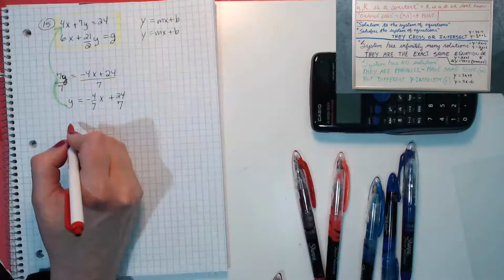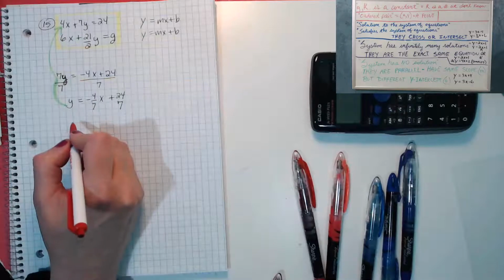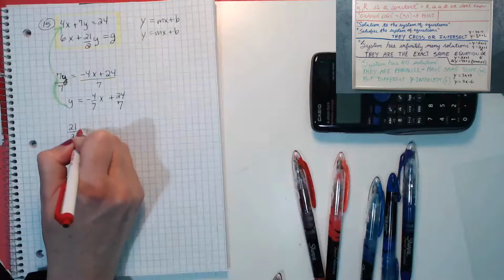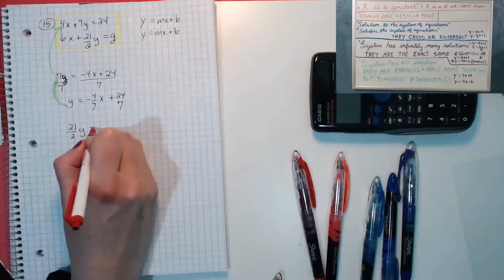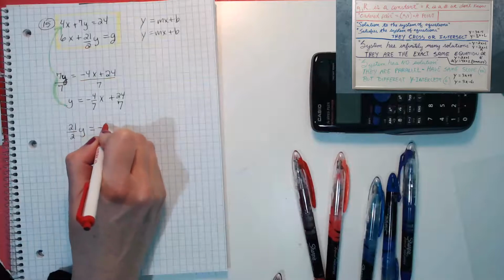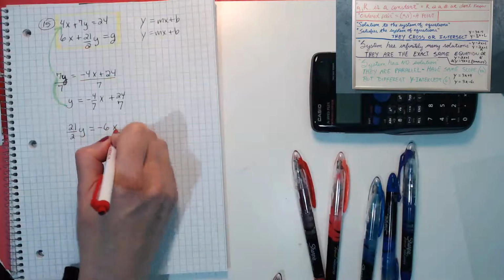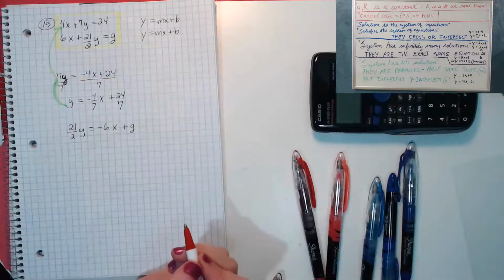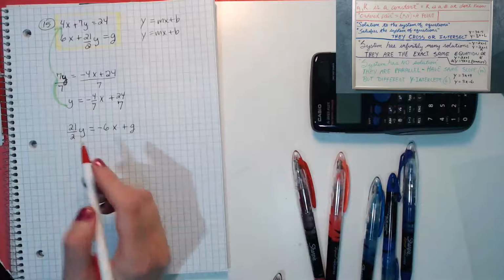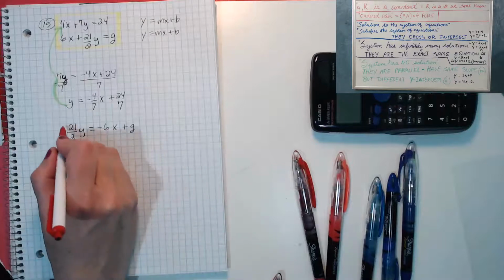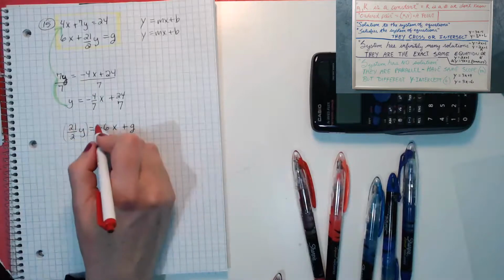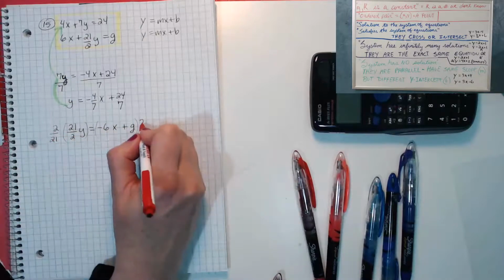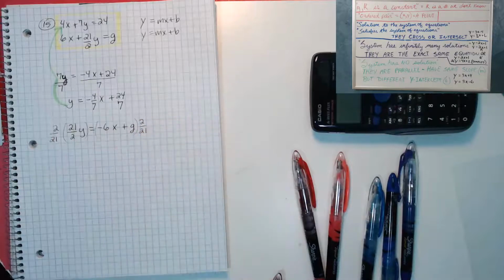The next one I have 21 over 2y equals negative 6x plus g. And now the only way to get rid of this is to multiply both sides times 2 over 21.